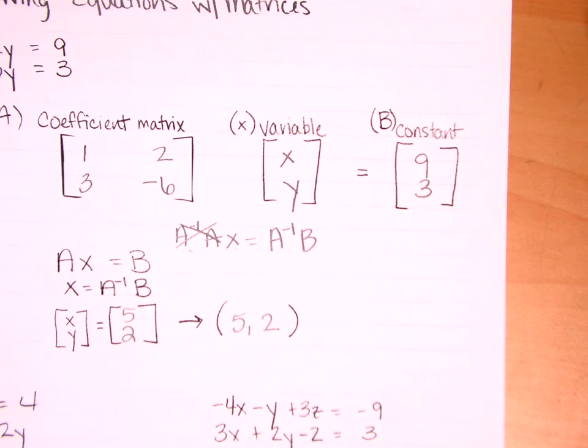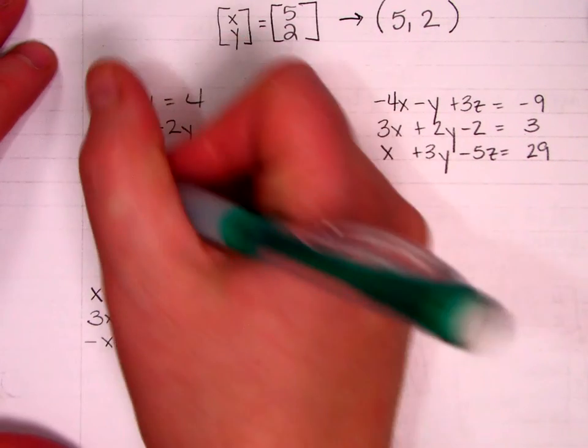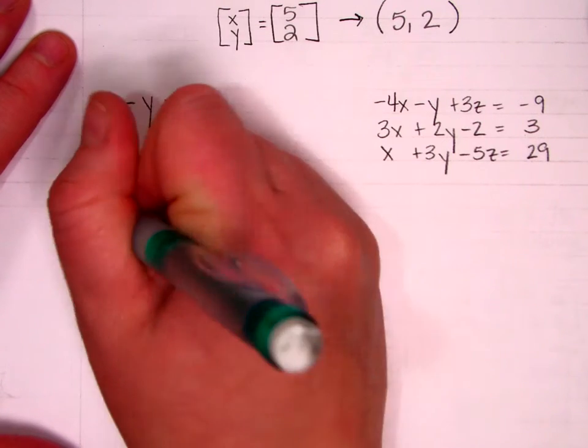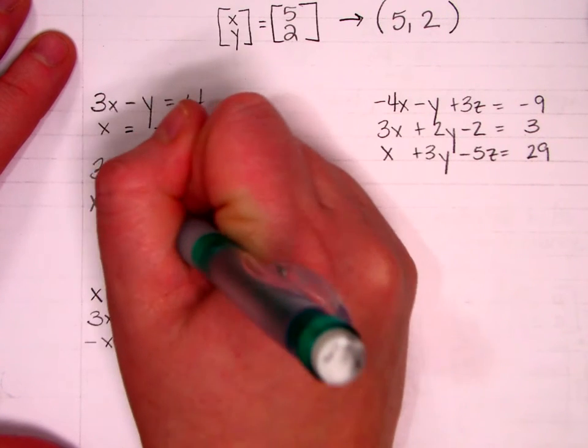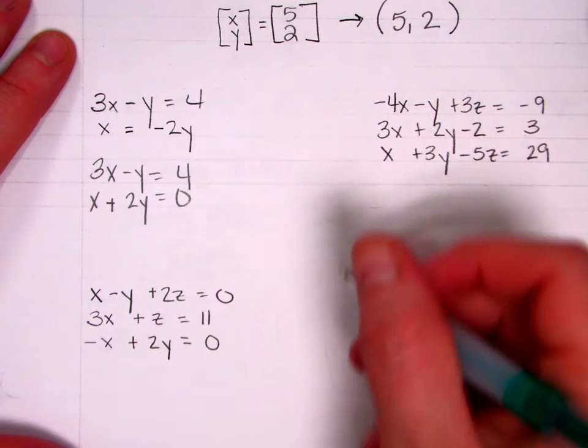So with that, please let the lights readjust here for a second. There we go. So we have some different problems. This one here, if you were to solve it, you would have 3x minus y equals 4, x minus 2, plus 2y, because I want to move that y over, equals 0.